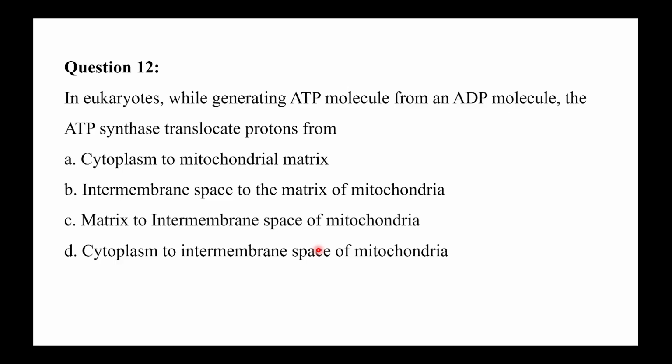In eukaryotes, while generating ATP molecule from an ADP molecule, the ATP synthase translocates protons from option A, cytoplasm to mitochondrial matrix, option B, intermembrane space to matrix of mitochondria, option C, matrix to intermembrane space of mitochondria, and option D, cytoplasm to intermembrane space of mitochondria.